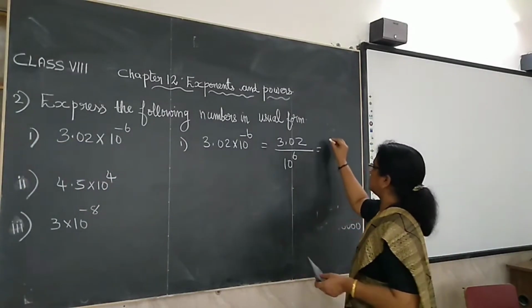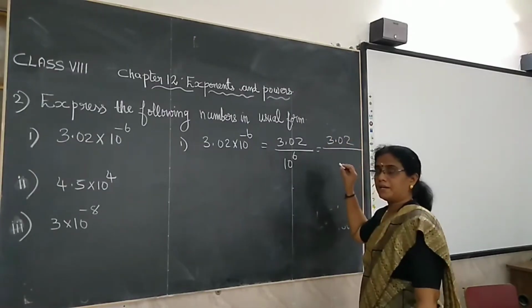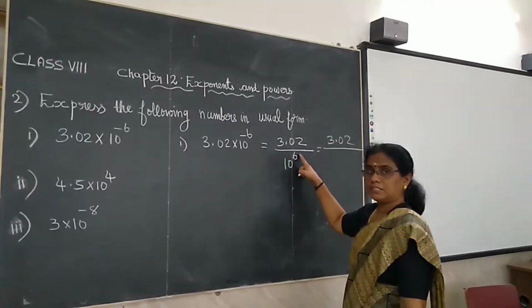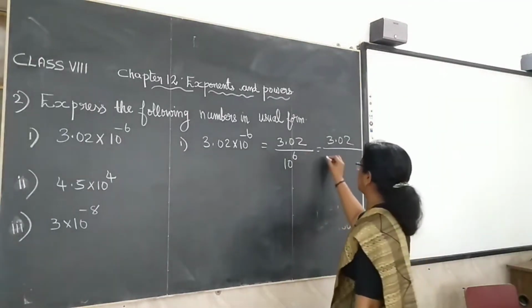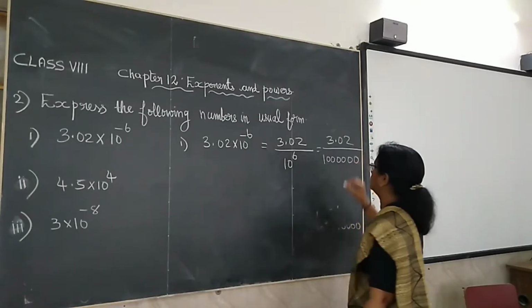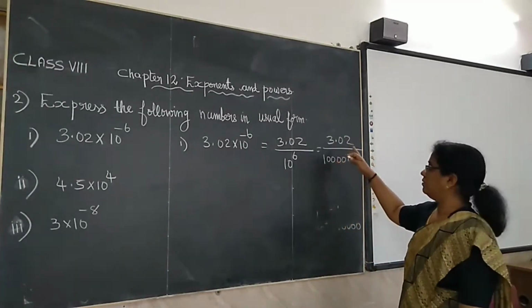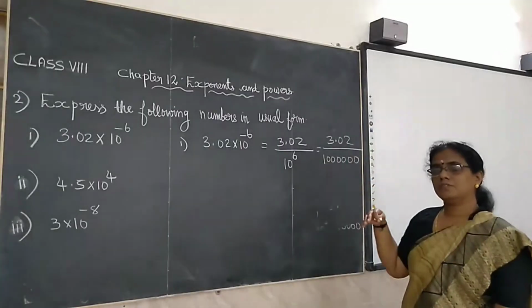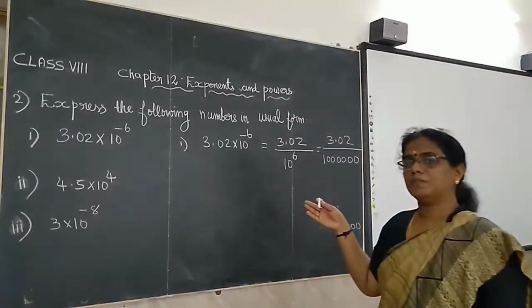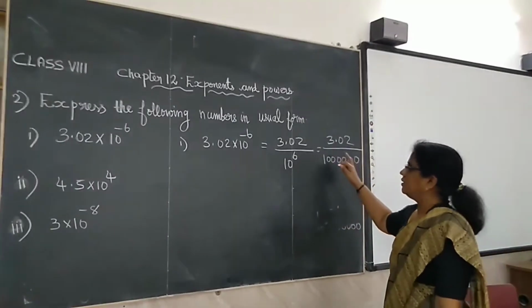So we can write it as 3.02 divided by 1 with 6 zeros, because 10 raised to 6. Now this is a division of a number with 1,000,000, and that rule we can apply here.